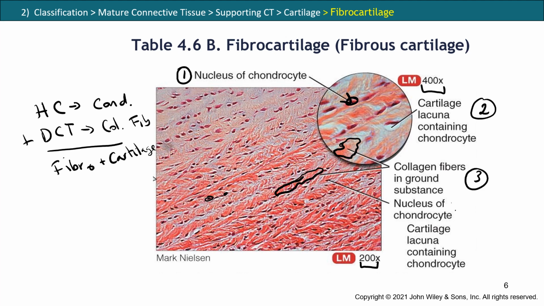This one we already showed you before. And that's all that we need to remember from the fibrocartilage. Remember, it's not that you combine both. They look like both other tissues: they have properties of the hyaline connective tissue and a lot of collagen, so it looks similar to our two pictures that we studied before.